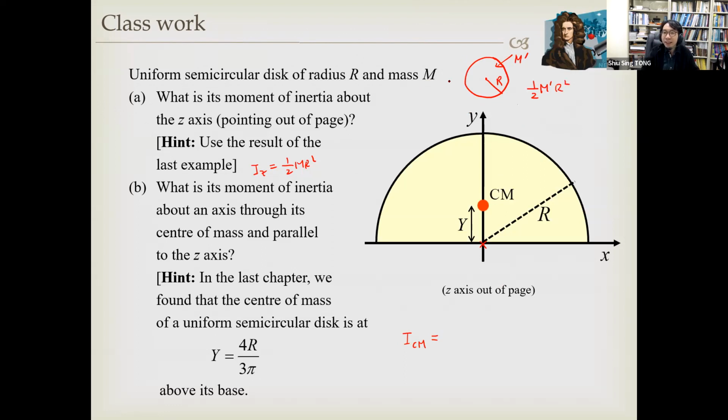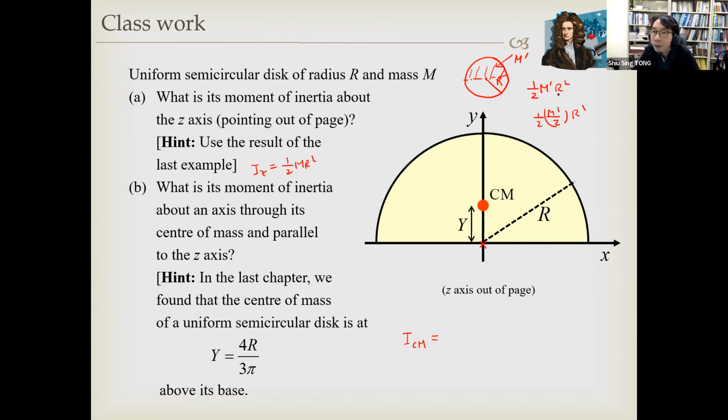Is that right? Now I divide the circle into two halves, and I ask you about the moment of inertia of one half about the center. Then of course you have what? You have m prime over 2 r², right?